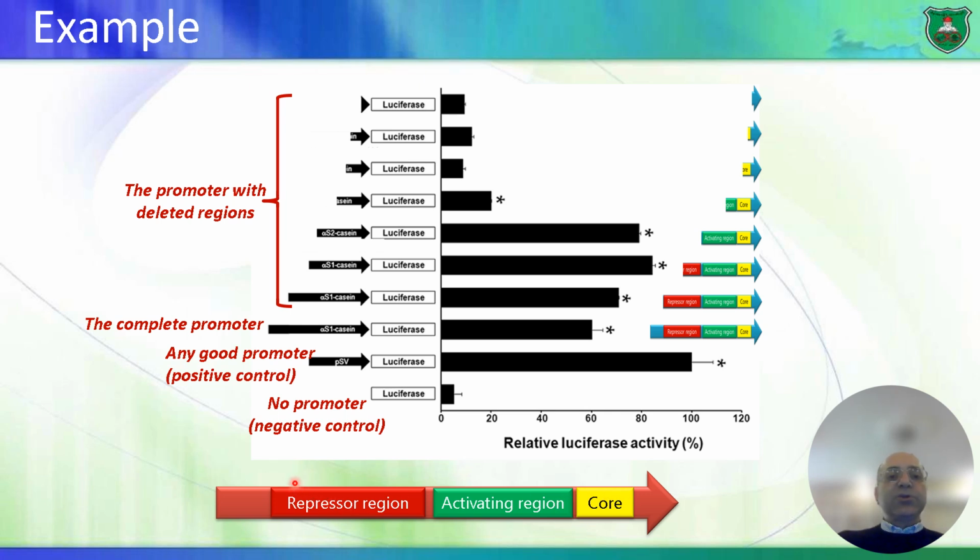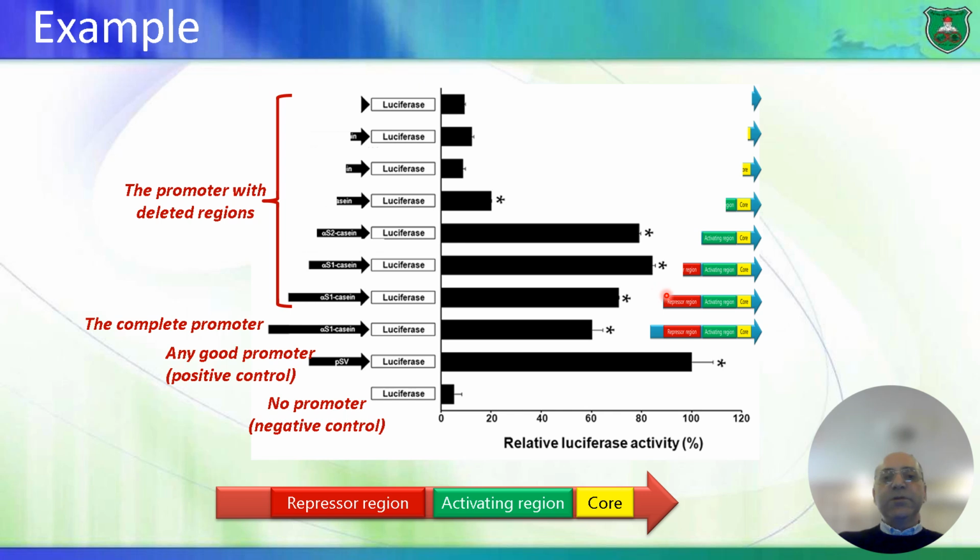So I start chopping up, I start deleting different regions. So for example, I remove part of this region, I remove this whole thing, I remove this core promoter complex, and so on. So I have, again, the luciferase gene under control of the whole promoter region, and then I start chopping up this piece of DNA.